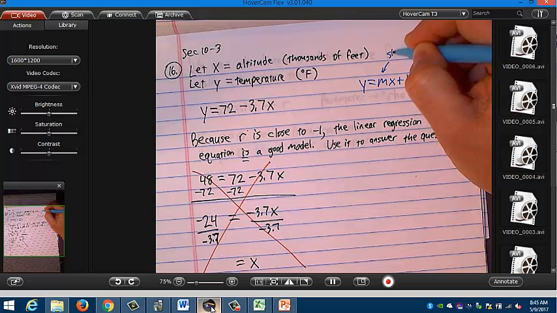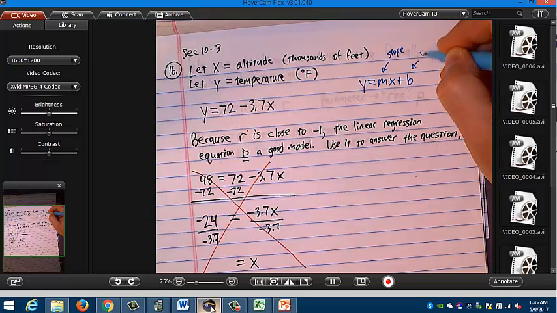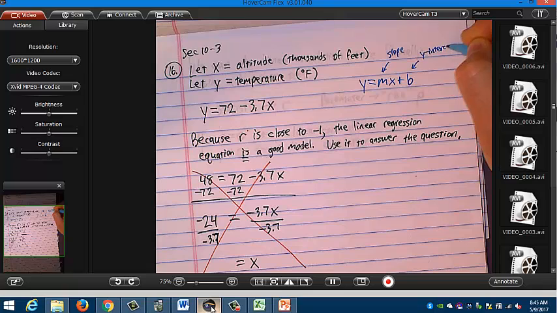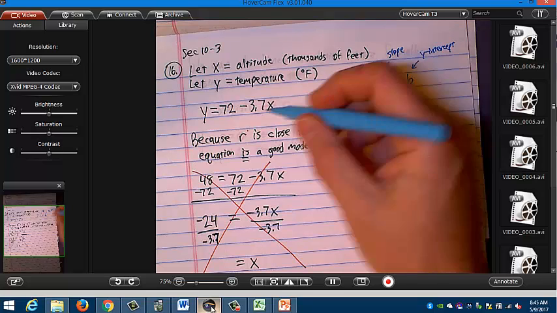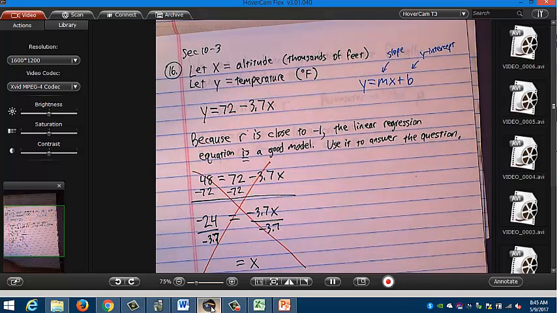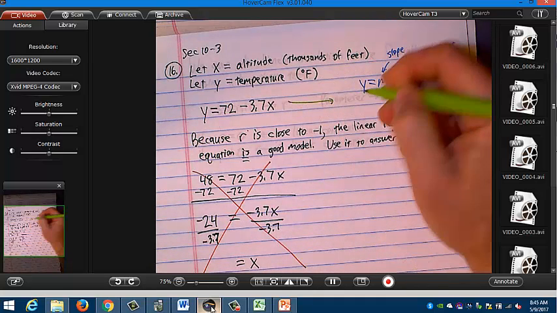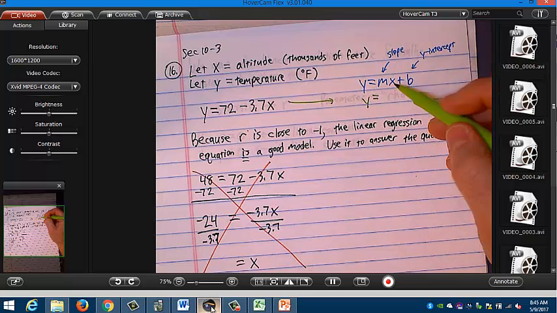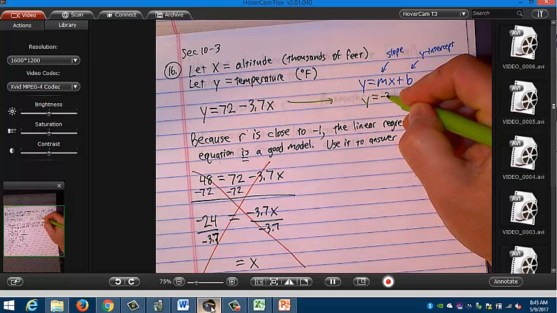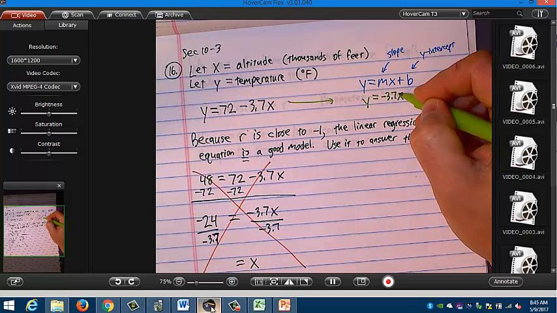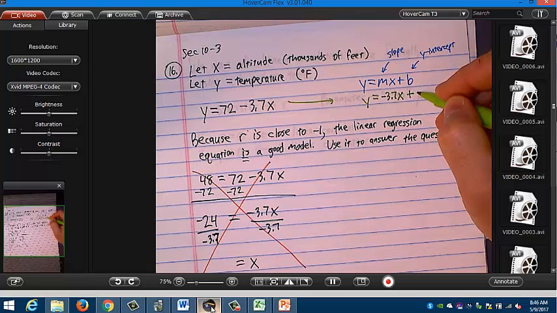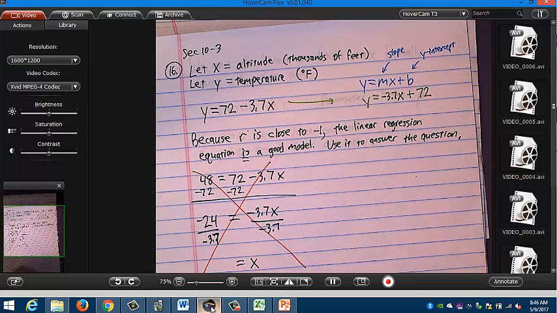That's right. B is the y-intercept. That's right. So what is the slope of our line? Well, you'd have to take our equation and write it in this form. So really what we ought to do is rewrite that as y equals, see that the slope is always in front of the x. So it would be negative 3.7x plus 72. Does that make sense to you guys?